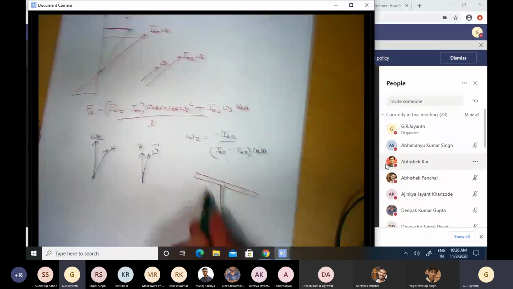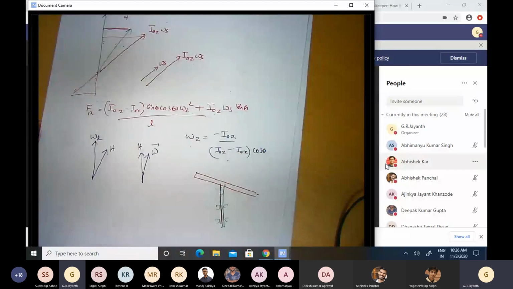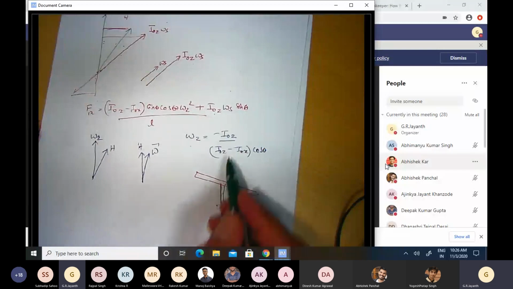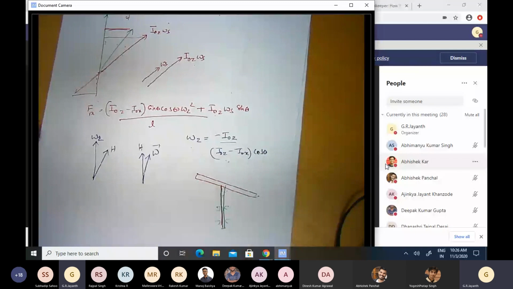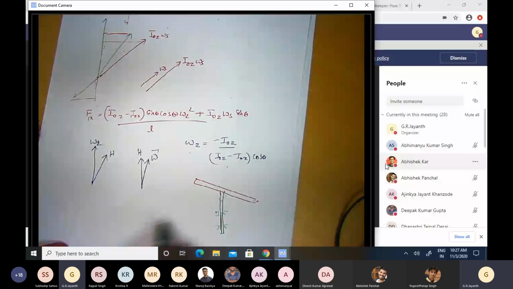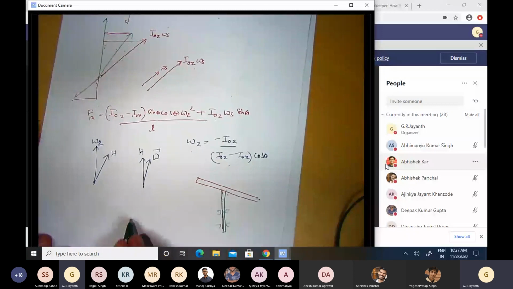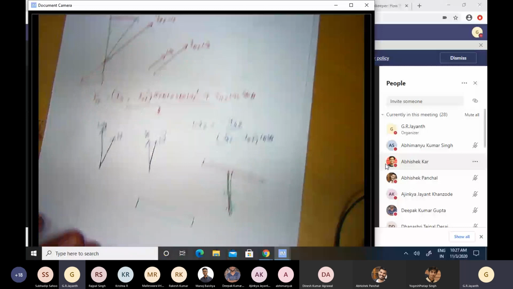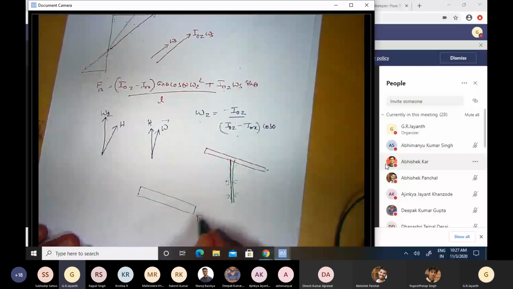So what we were left with was this plate. It need not have been a plate because in writing any of our expressions, we did not make any explicit assumption of the plate-like nature of this particular object. All we assumed was it was a cylindrically symmetric object. So that was all that was necessary. And then if we remove the bearings and the shaft, what we are left with is therefore a cylindrically symmetric rotating object. Okay, and this we call a free symmetric top.